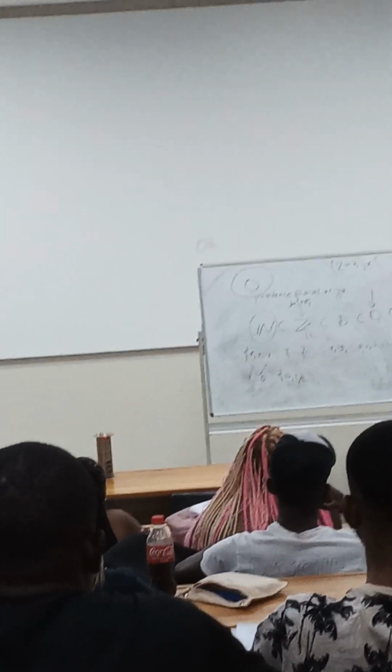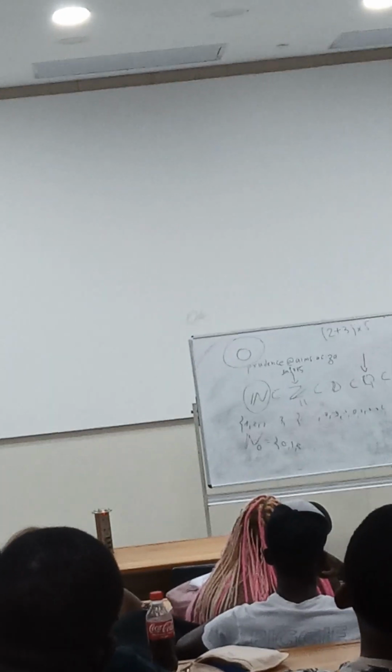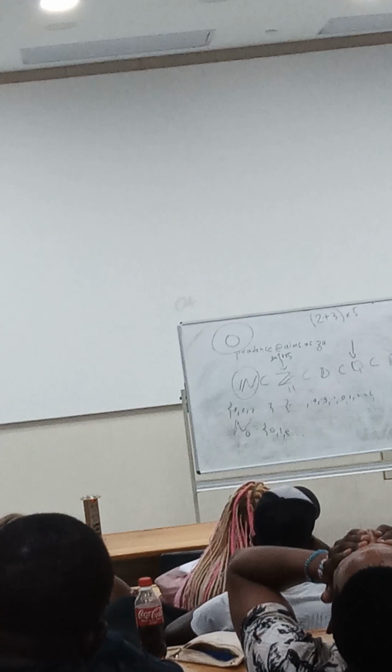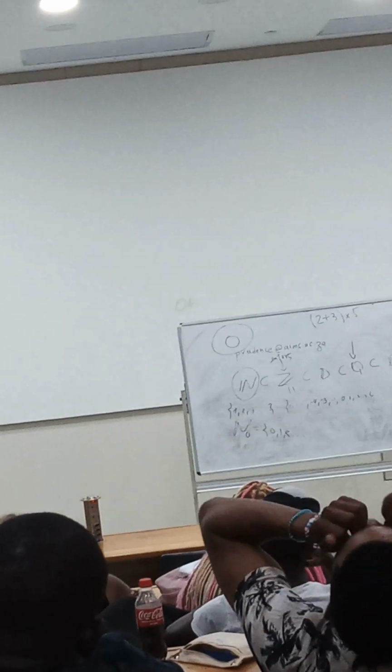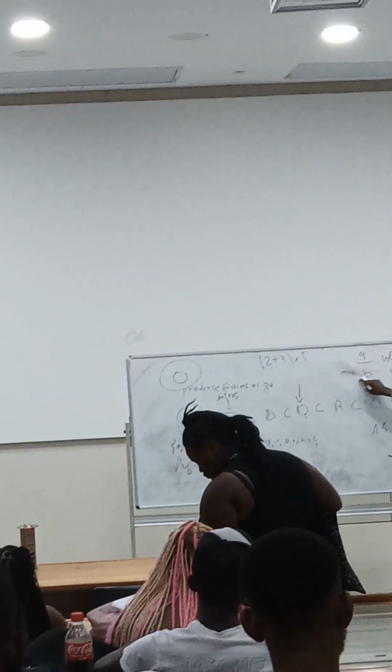But if I put a star, do you know what it means? Star means that I remove 0 from the set of integers. So that simply means this denominator should be different from 0.